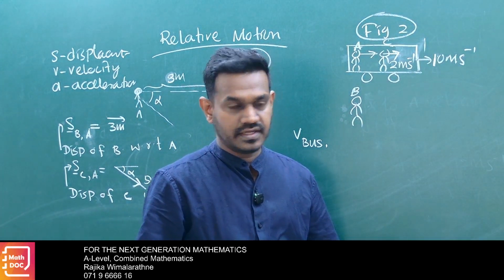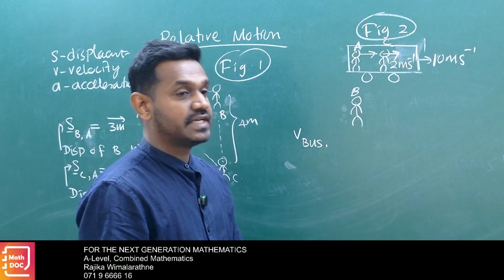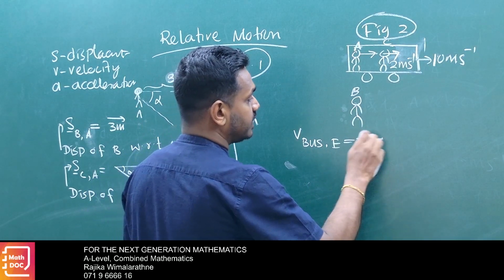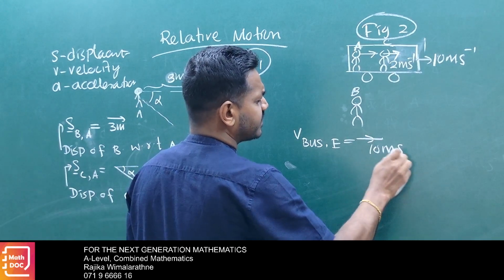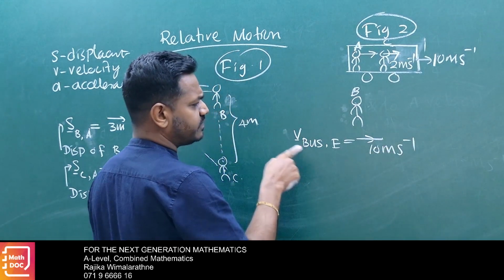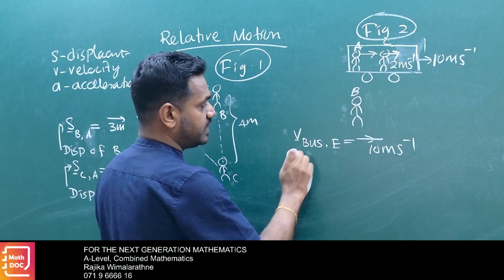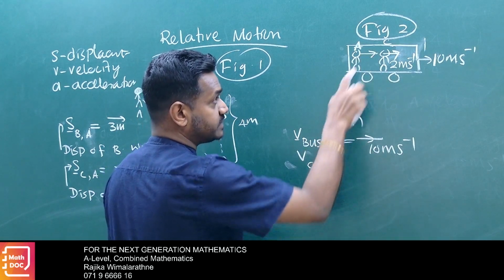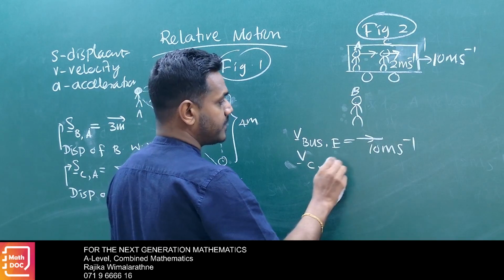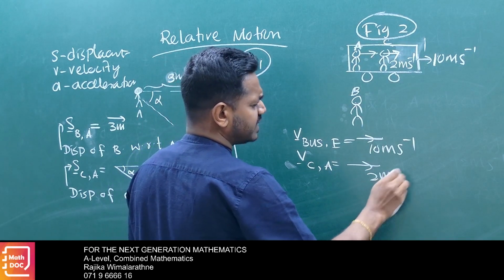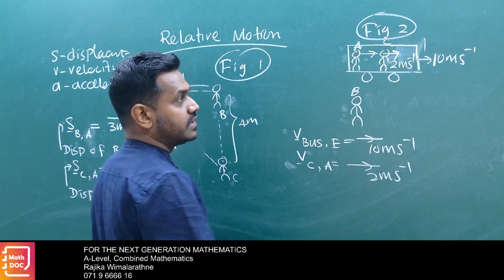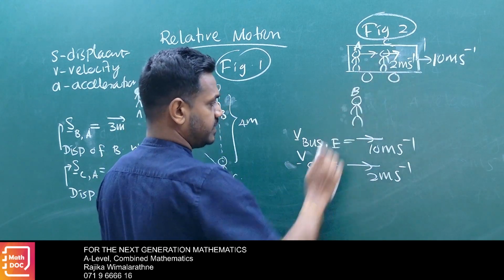Here velocity of bus 10 meters per second means velocity of bus with respect to Earth. Then velocity of C with respect to A is 2 meters per second.